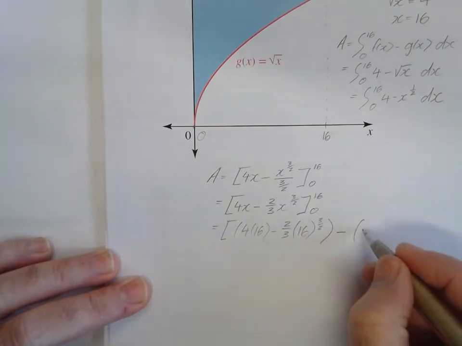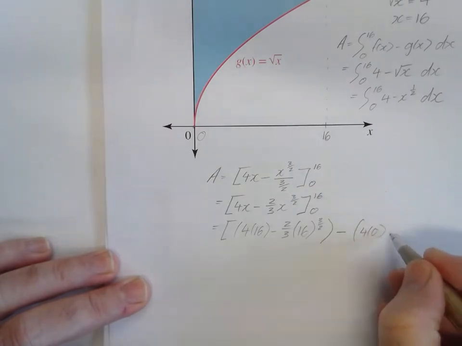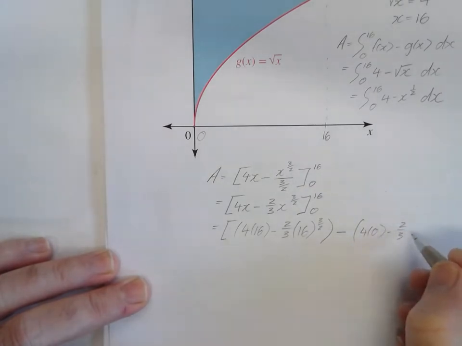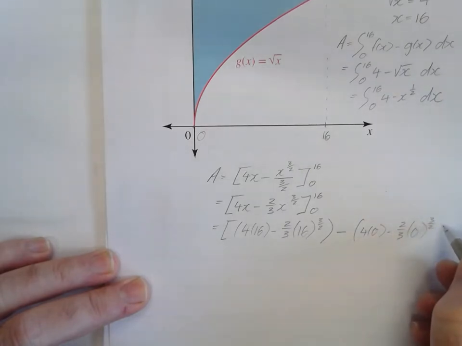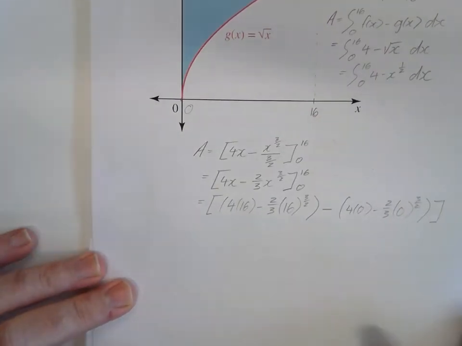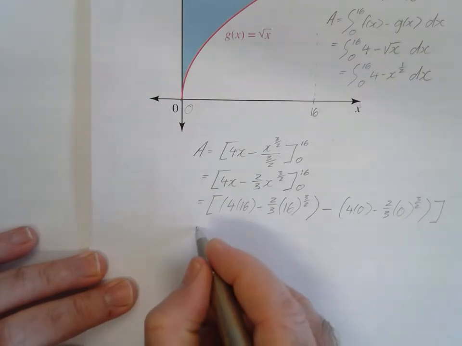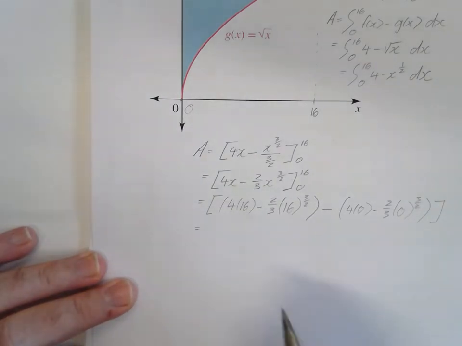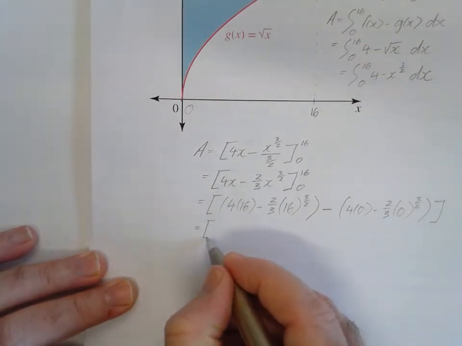So that will be 4 lots of 0 minus 2/3 of 0 to the 3 on 2. Now if this were tech active, I'd get my calculator out and have a go. I'm going to presume this is tech free, so I'm going to keep going with my working.